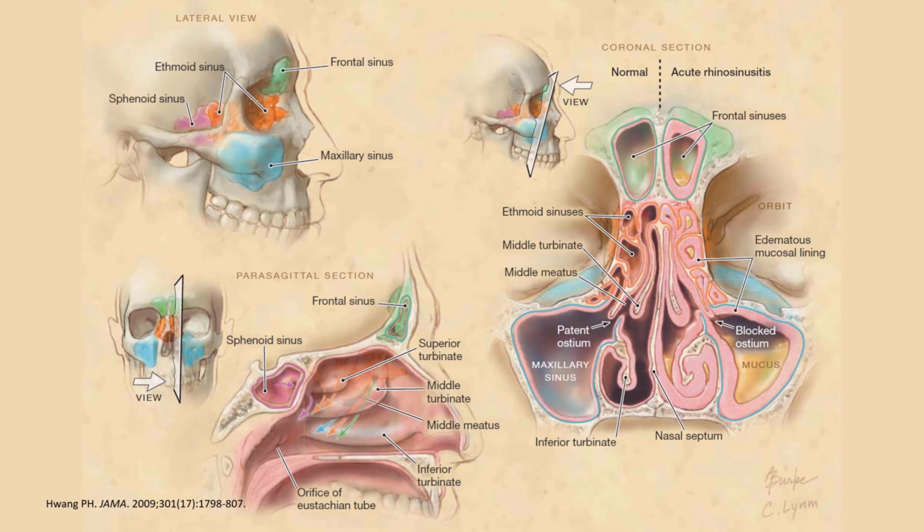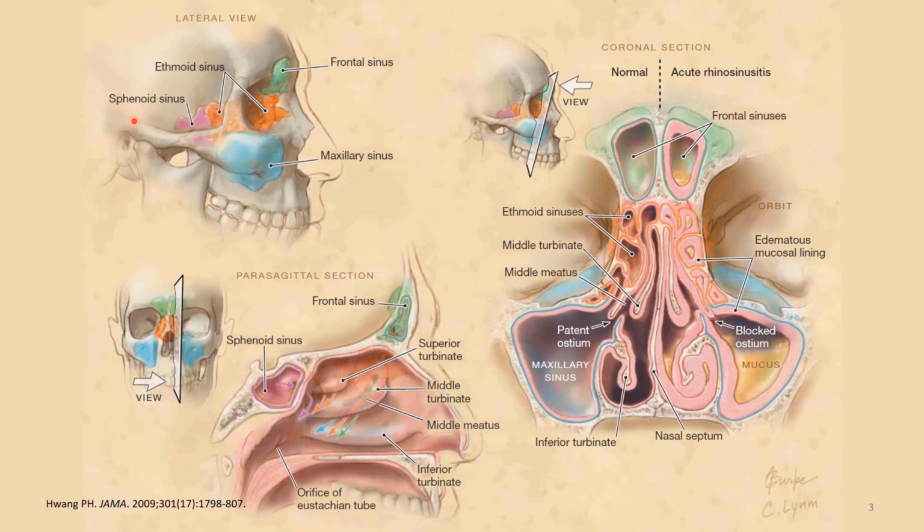Now let's take a look at the pathophysiology of rhinosinusitis. The paranasal sinuses are 4 paired air-filled spaces located between the orbits and below the anterior cranial fossa, and they are the frontal sinus, maxillary sinus, ethmoid sinus, and sphenoid sinus.